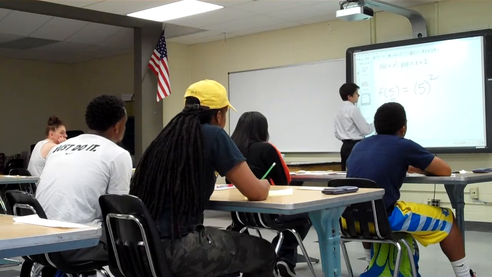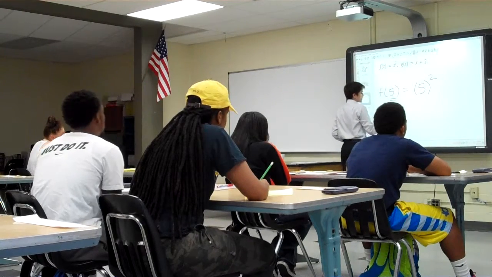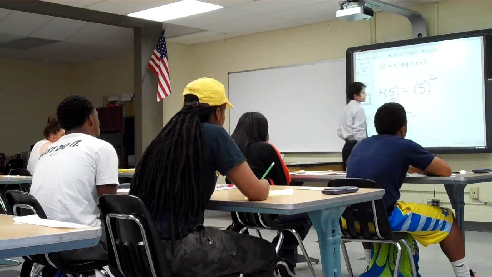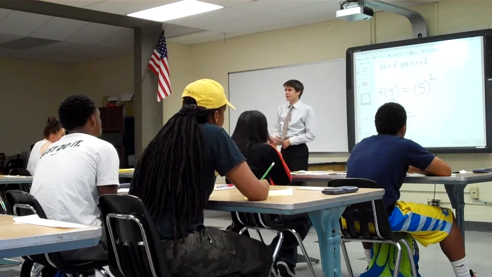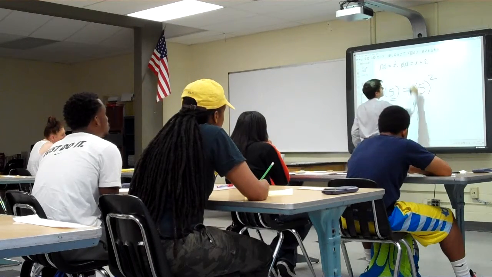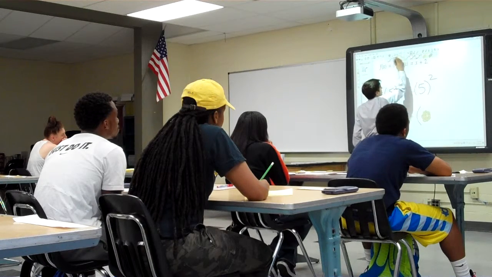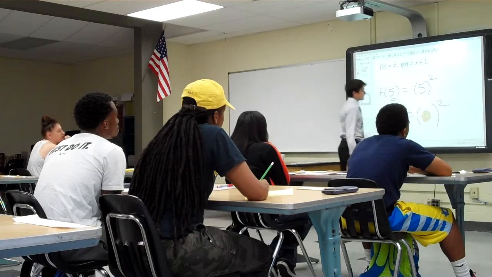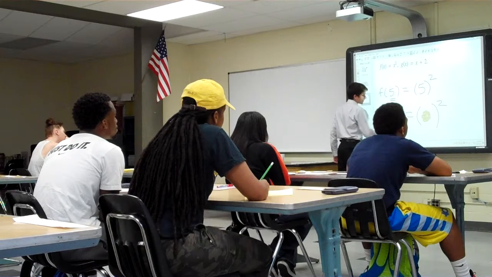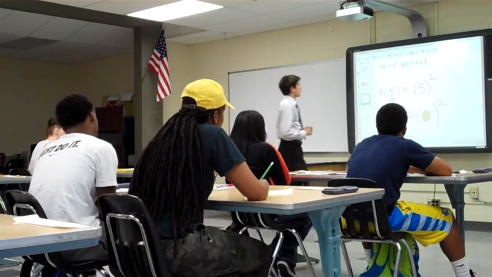If I said, all right, what is f of smiley faces equal to, what would you do? You take our smiley faces and we would square it. It doesn't matter what this input is. All that matters is that we take it and we substitute it in for x.